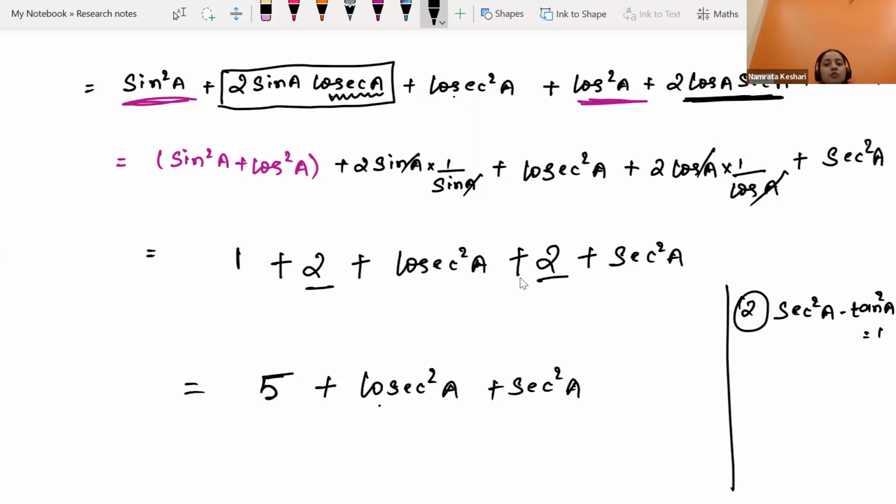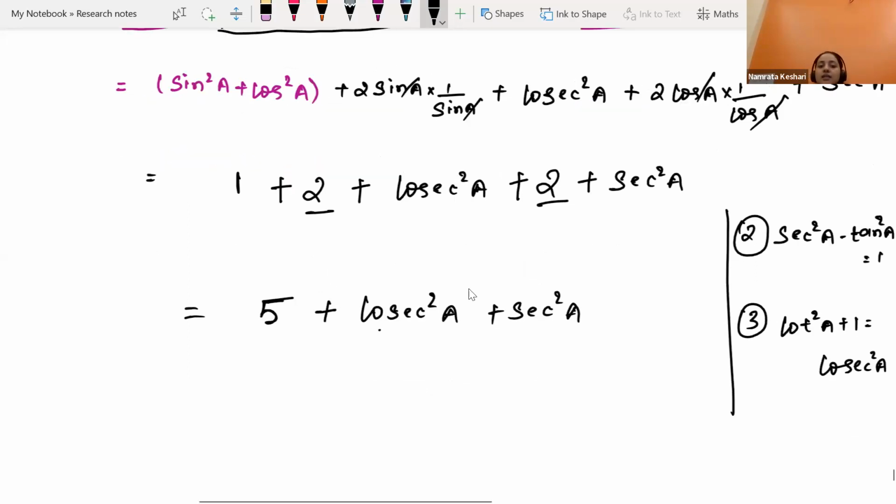What was the third identity? Who will say? Last identity. Cot square A plus 1 is equal to cosec square A. We also say it like cosec square A minus cot square A is 1.